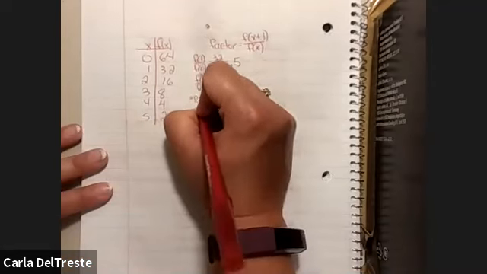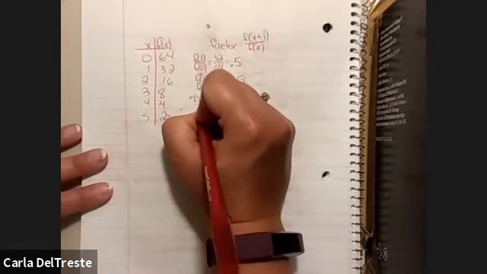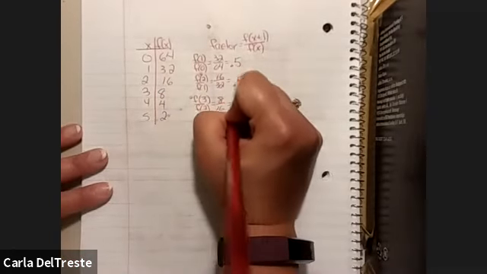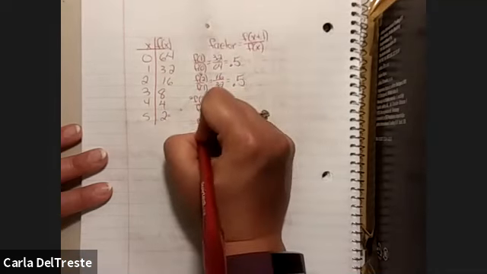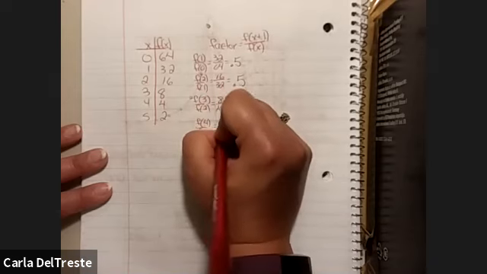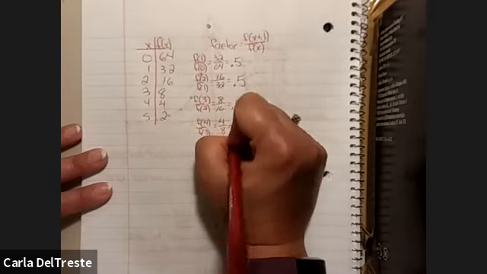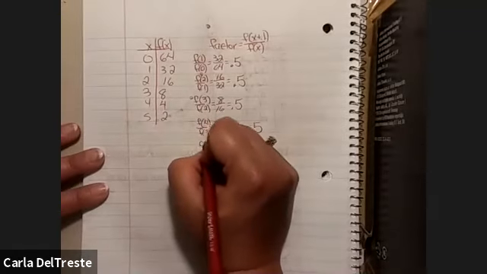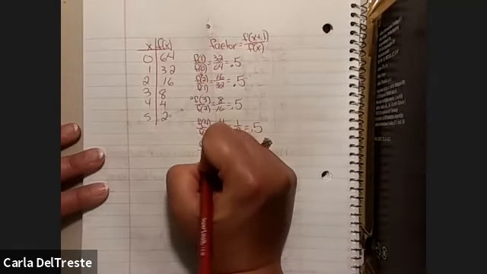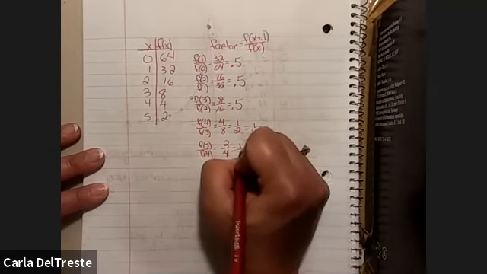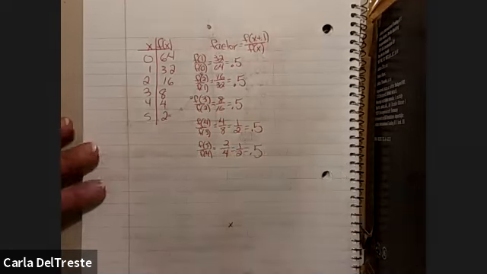Keep going down to check all of the divisions. This is going to be 8 divided by 16, which is 0.5. f of 4 divided by f of 3 is 4 divided by 8, which is 1/2, or 0.5. And then last but not least, f of 5 divided by f of 4 is 2 divided by 4, which is also 1/2, or 0.5.